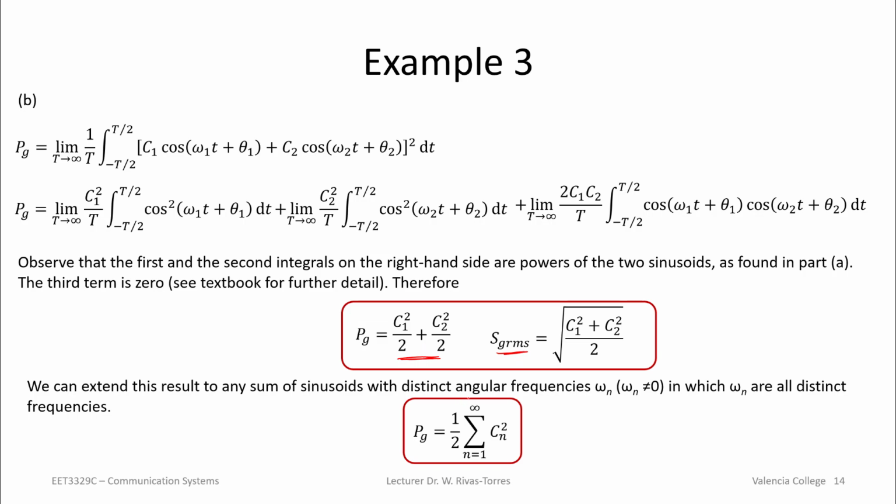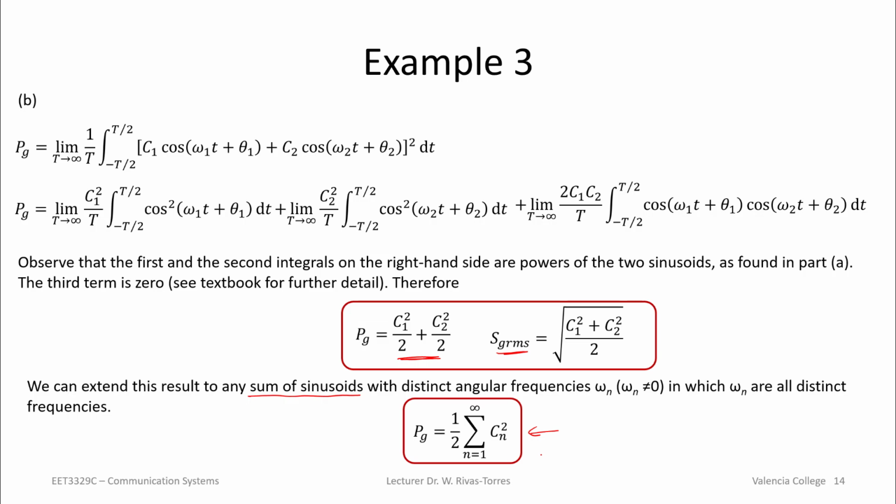Now, we can extend this to any sum of sinusoids. So if I had n sinusoids, I can easily just calculate what the C values are, square those, and then add them up all together, which is what this formula is saying. And then you put 1/2 of that, and there you go. You have the result for the power of any number of sinusoids that you would need to add together.